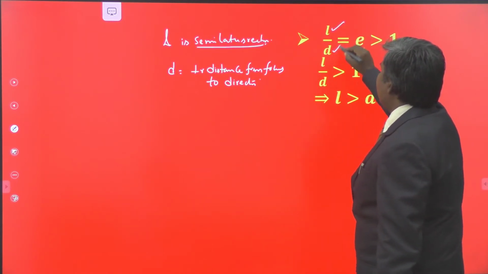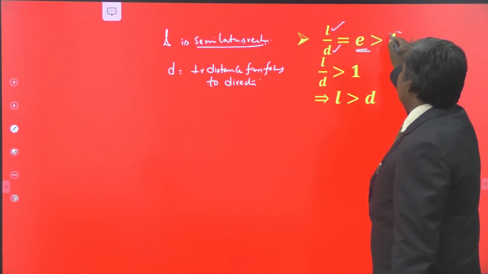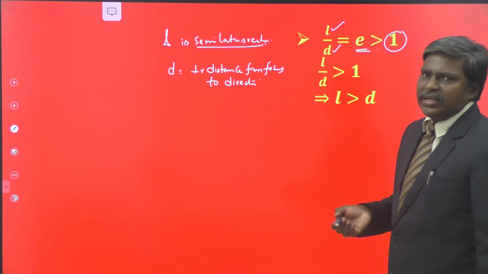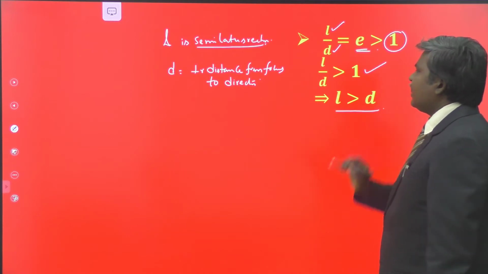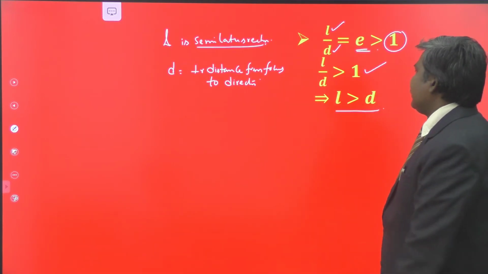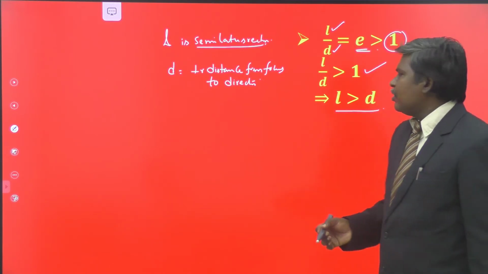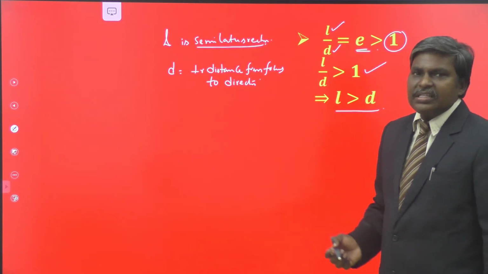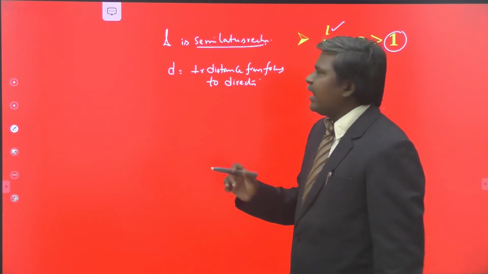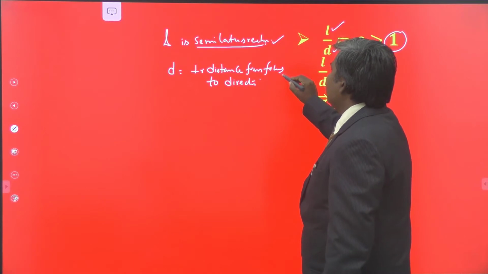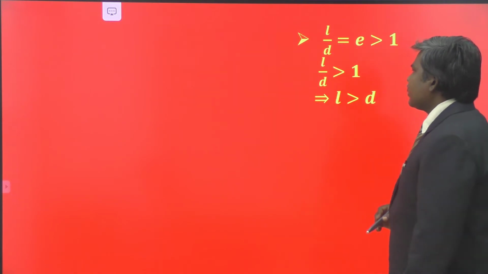Then the ratio L by D gives what? Eccentricity. L by D equals e, that must be greater than 1. Then your conic is a hyperbola. So L by D greater than 1 means L greater than D. If L is greater than D, your conic is a hyperbola. If L is equal to D, your conic is a parabola. If L is less than D, your conic is an ellipse. So this is the way of distinguishing the conics by using the semi-latus rectum and the perpendicular distance from the focus to the directrix. Okay. Next one.